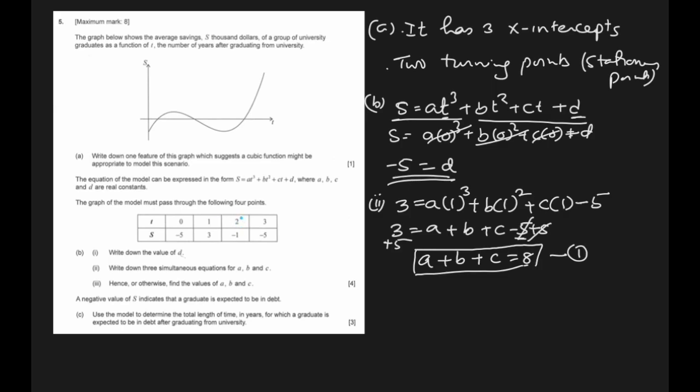For the second, look at this third column rather. So S is negative 1 when T is 2.